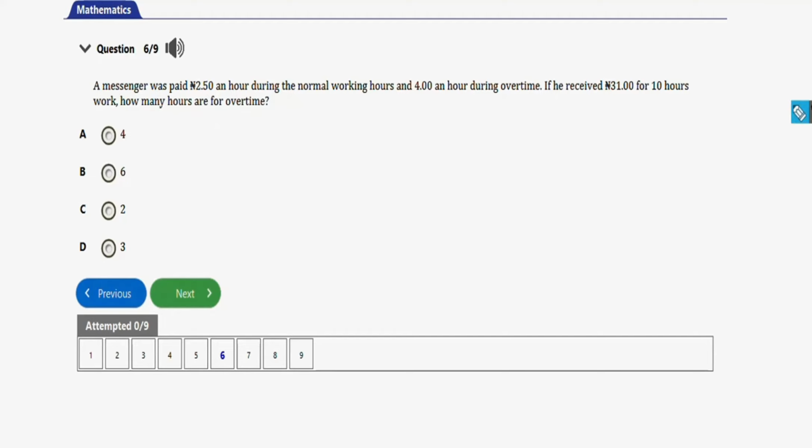So we don't know the hours for overtime and normal working hours that resulted to these 10 hours. So let's call them x and y respectively. So we have x plus y equals 10 hours. Then the second equation will be 2.5x plus, this is 4 naira guys, plus 4y equals 31 naira.